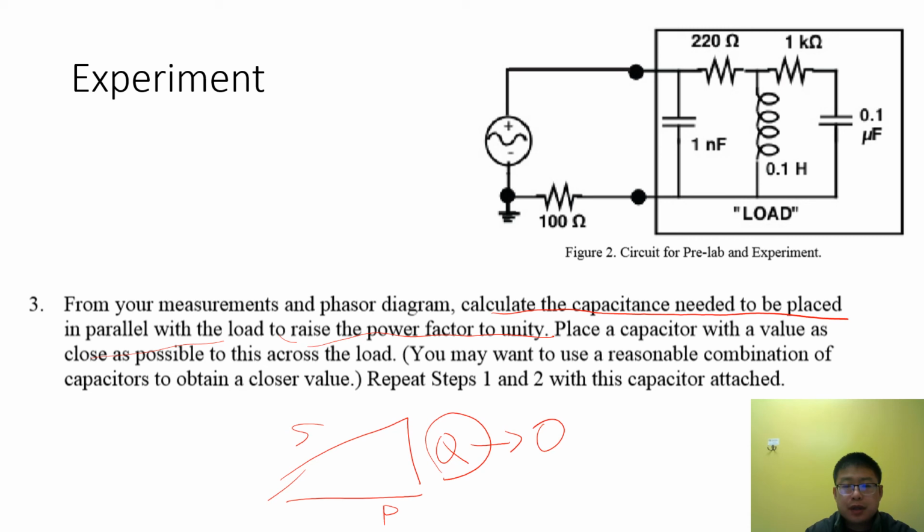So we put a capacitor in parallel with the load so that we can reduce Q to 0. The equation we use is Q equals omega C V squared, so we can calculate C.